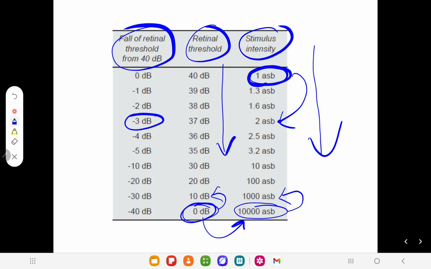So at least from this graph you know that doubling the intensity from 1 apostilb to 2 apostilb means you are reducing by 3 decibels, isn't it? That's fascinating. So it is very important to understand what threshold is, how threshold works, and how stimulus intensity is working. This concept should be clear.